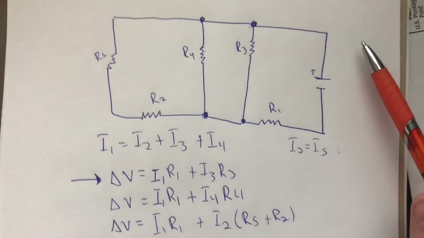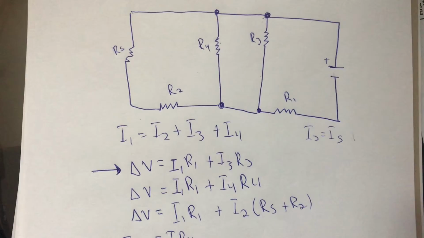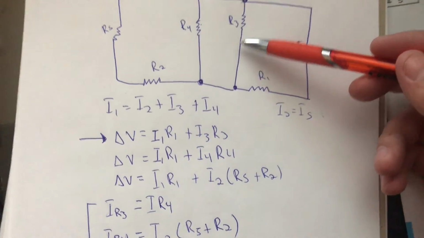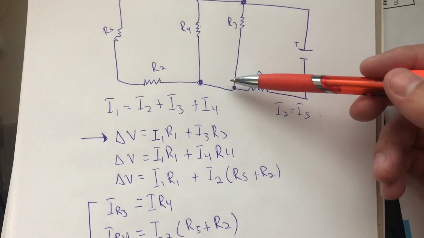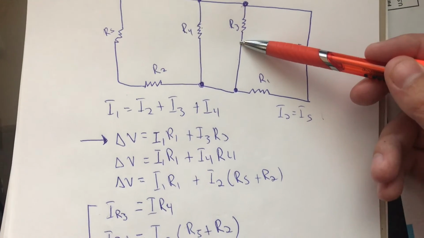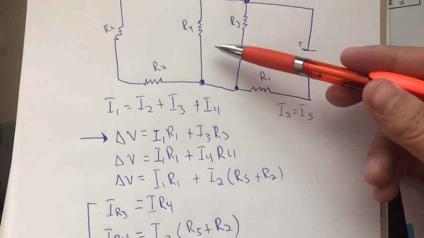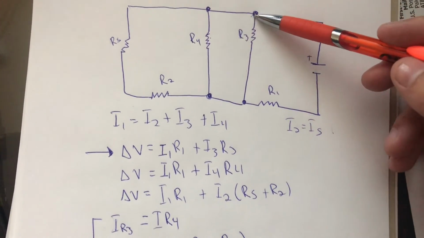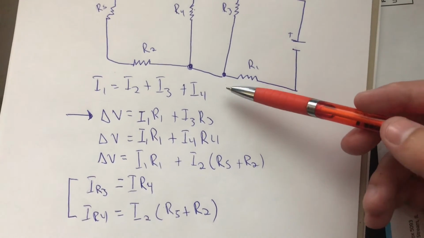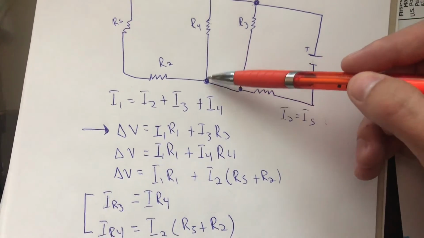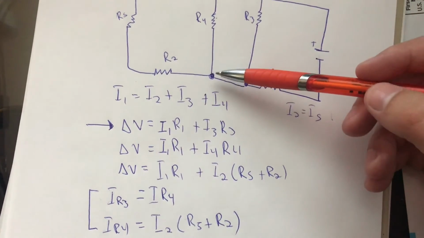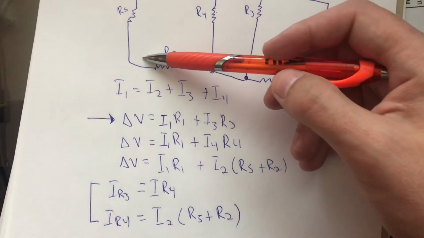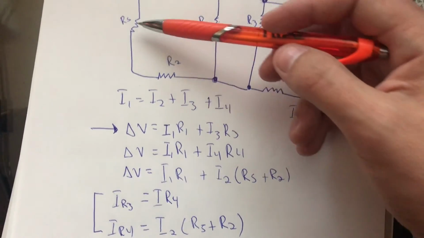The next thing you're going to want to do is ask yourself, how do the currents relate to each other, or the loops. So you could say IR3 right here, the current here, is equal to the current of IR4. That's just basically saying this going in here is going to equal this coming out. Alright? You then are going to want to look at this portion, looking from here to there, and you can say I4 is equal to I2 plus your resistor 5 and resistor 2.